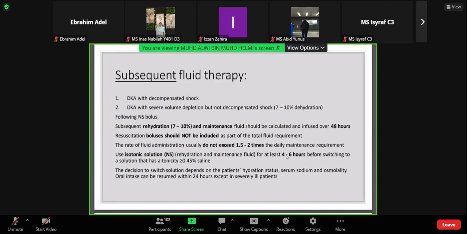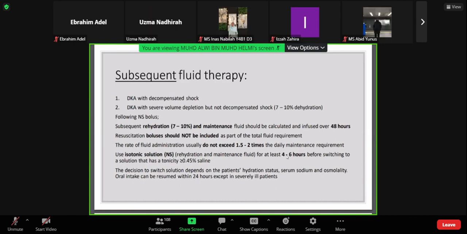Okay, fluid therapy subsequently, just continue with your correction and also maintenance. Remember, you don't give correction over a short period. You don't give over 12 hours or 6 hours or even 24 hours. Usually we correct over 48 hours. The rule is any child who presented with chronic symptoms, you have to treat chronically. If the child is ill for 2 days, then give correction over 2 days.